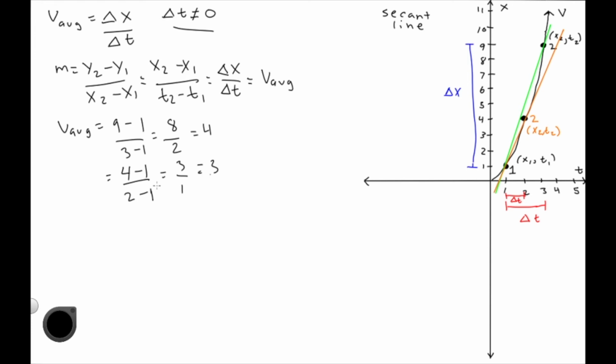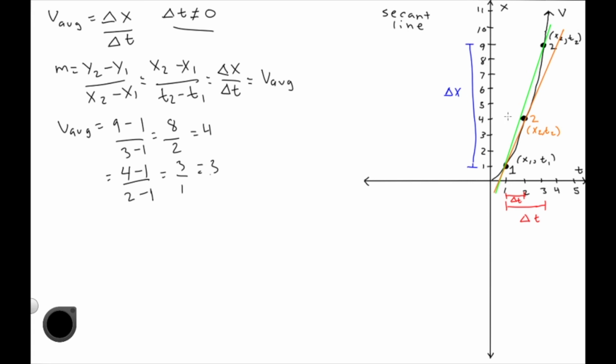And if we were to progressively shrink delta t, point 1 and point 2 will get closer and closer and closer together, as you would probably imagine. And so eventually, when delta t is really, really close to 0, point 1 and point 2 will be so close together that they will virtually be on top of each other, and virtually indistinguishable from one another, almost as if they were one and the same point.